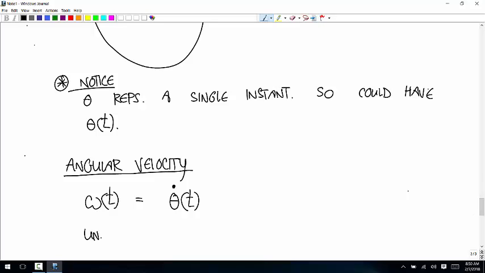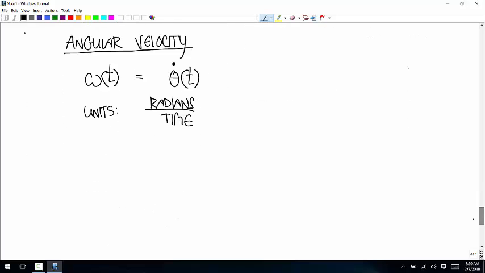And so the units for angular velocity are radians over time, and the SI units are radians per second.